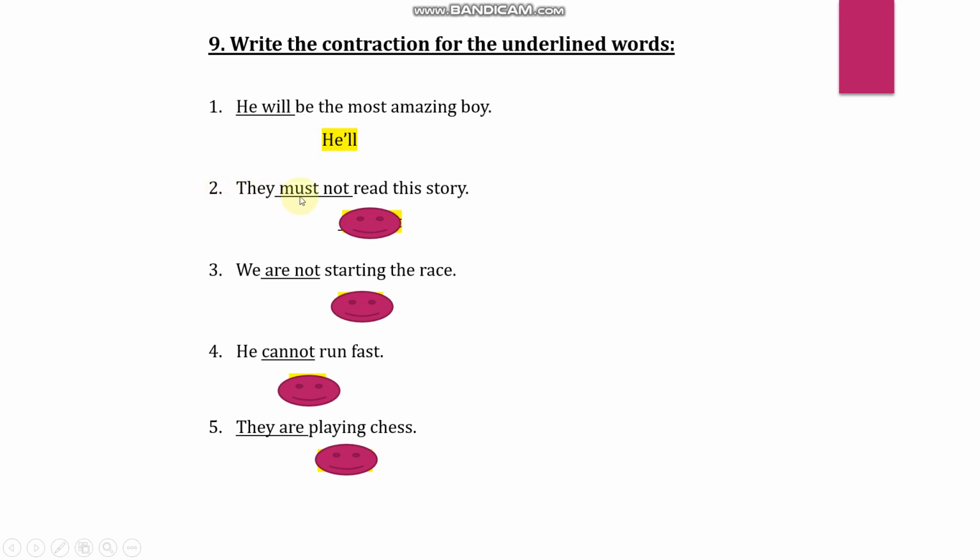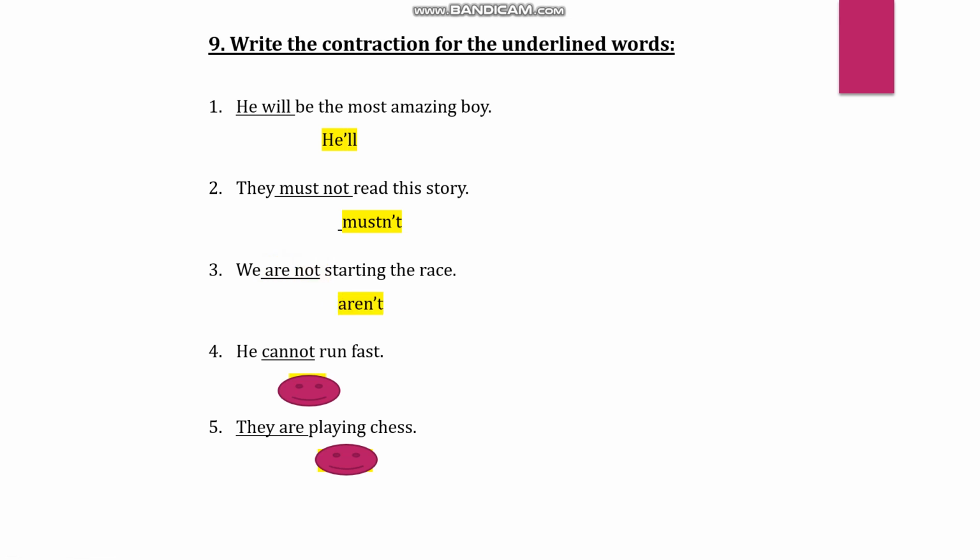Mustn't. Must plus not. If we have not, we will cross the O, add an apostrophe, and squeeze them together to be mustn't. Are not. We have not, cross the O, add an apostrophe, put them together, aren't. Cannot.